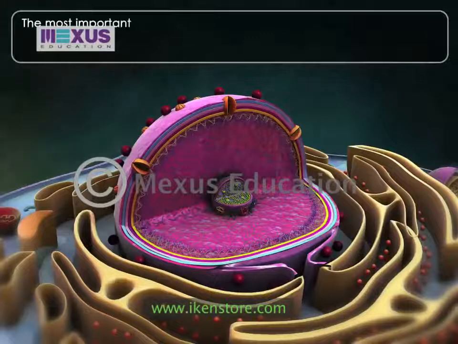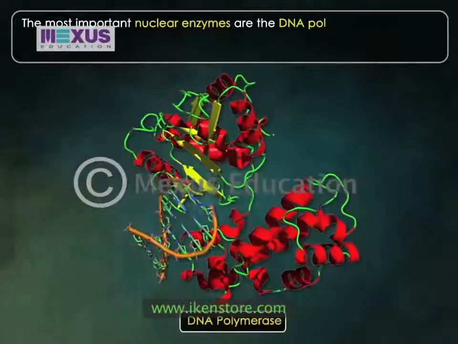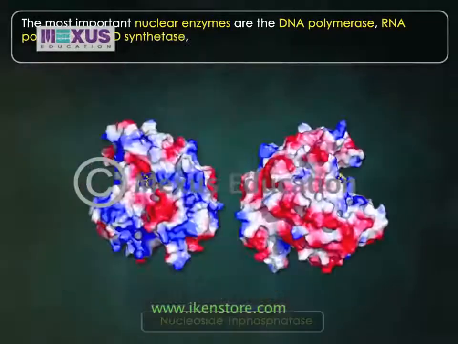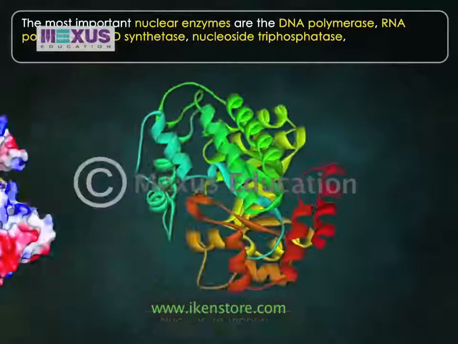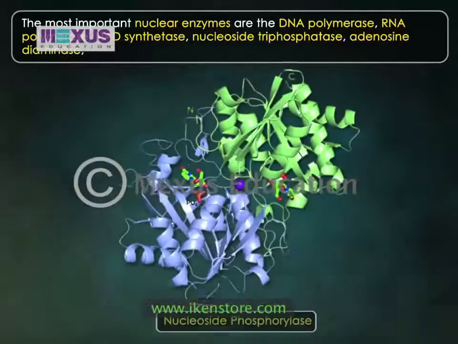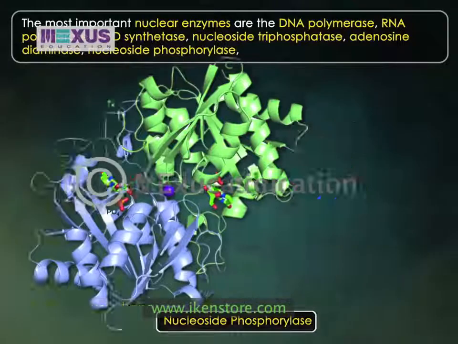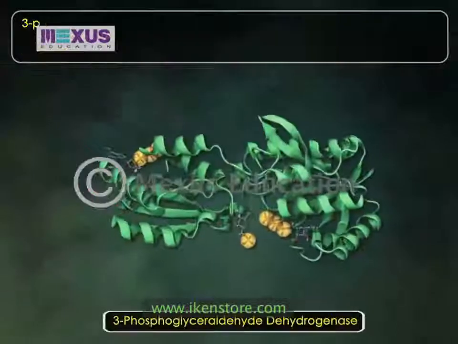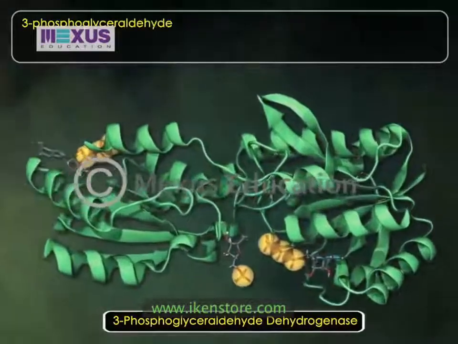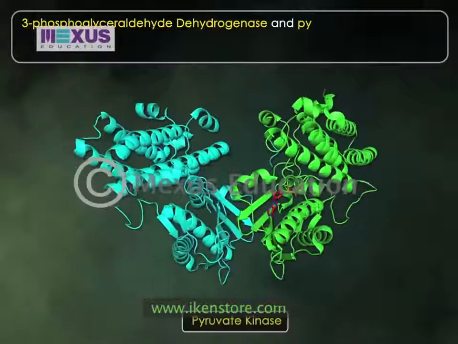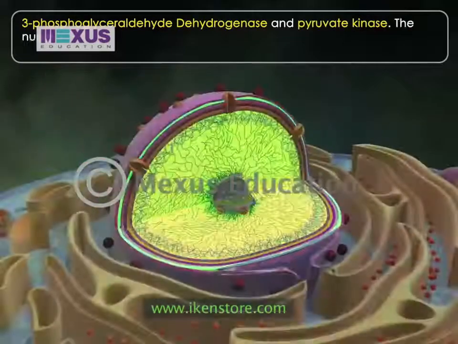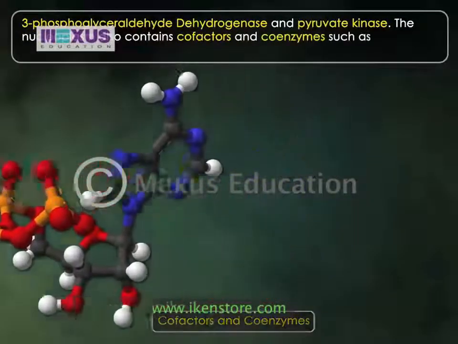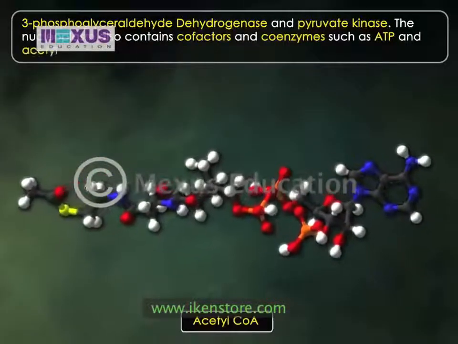The most important nuclear enzymes are the DNA polymerase, RNA polymerase, NAD synthetase, nucleoside triphosphatase, adenosine deaminase, nucleoside phosphorylase, RNase, aldolase, enolase, 3-phosphoglyceraldehyde dehydrogenase, and pyruvate kinase. The nucleoplasm also contains cofactors and coenzymes such as ATP and acetyl-CoA.